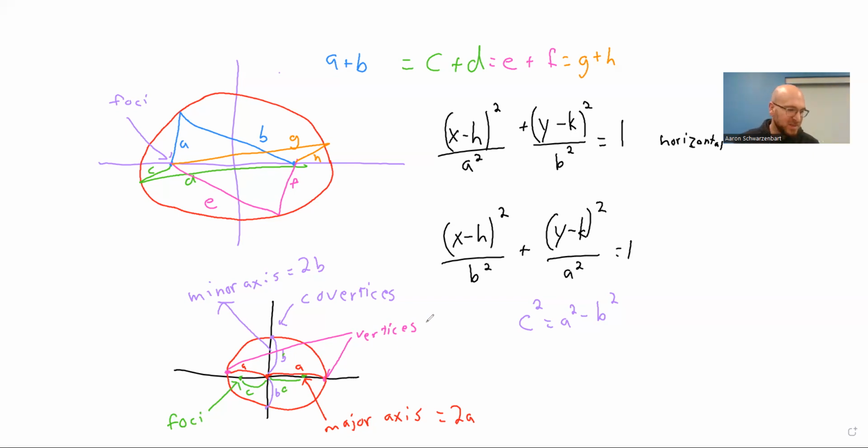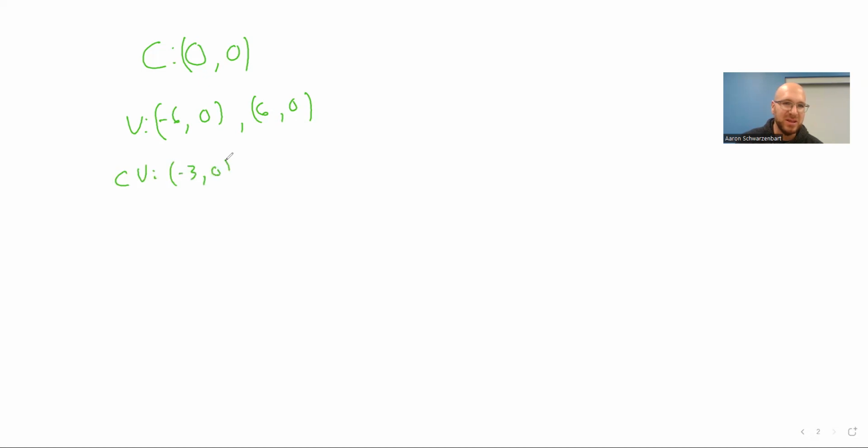So let's do an example. What is the equation in standard form of an ellipse centered at the origin? Always important to start with your center. Most of them we're going to do are going to be centered at the origin. With one vertex at -6, 0, because it's centered at the origin, I know the second vertex is 6, 0. They don't need to tell me that. And co-vertices, I'm going to call those CV, are -3, 0 and 3, 0.